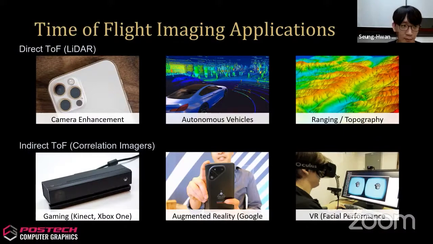One is the direct time of flight camera. The other is the indirect time of flight camera. For the direct one, we have this time of flight imaging module in our mobile phone, autonomous vehicle, and also in the airborne devices. For the indirect time of flight camera, we have it on our gaming devices, AR, VR devices as well.